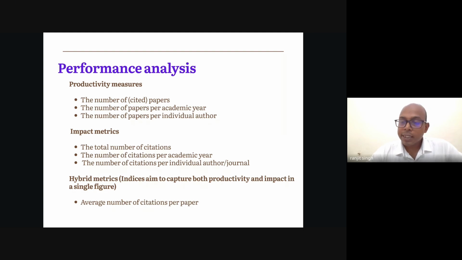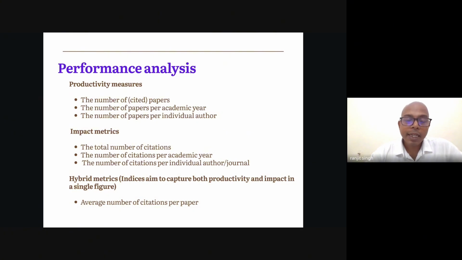Some authors might be productive, but their articles might not be impactful. Why? The author has produced 10 articles, but these articles are unable to garner citations. From that we can understand that the influence of these articles is less, because they have got limited citations.